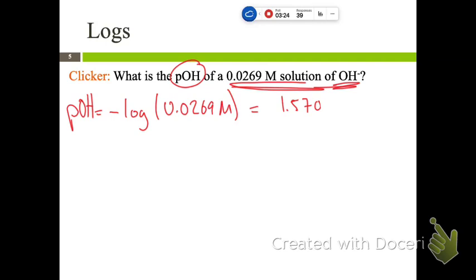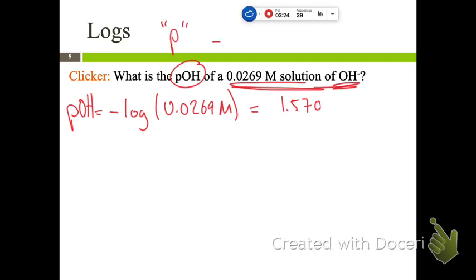Oh, okay. Yeah, Jay? I have a question. So, the first example we did with the pH of 0.75, we found that answer for the pH with negative log. Correct. Why is it the same as finding the pH for this one? So remember we had the P, it's the eraser.